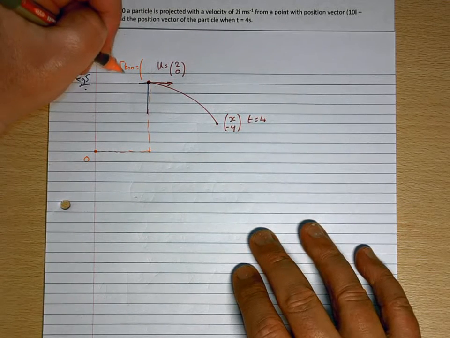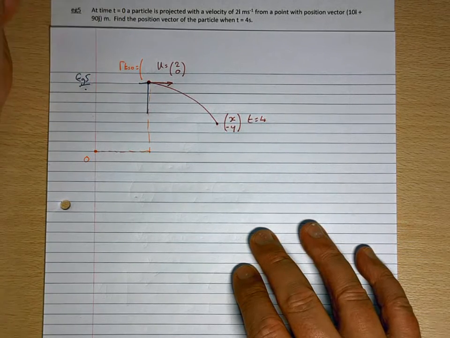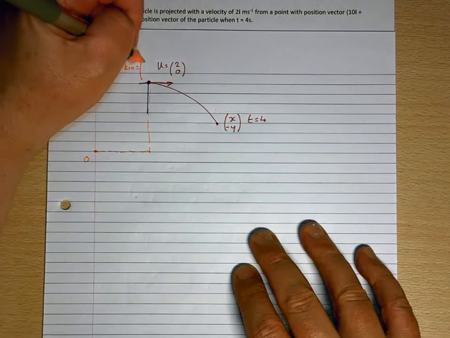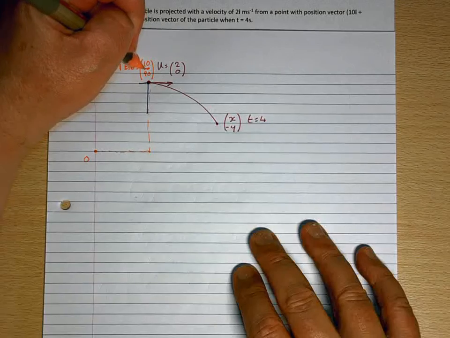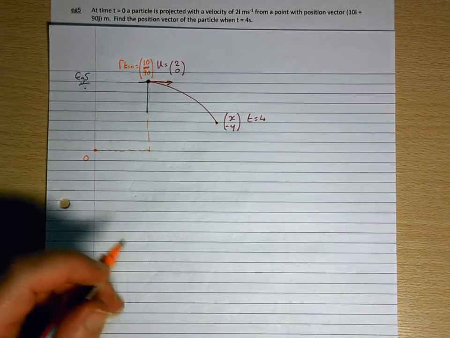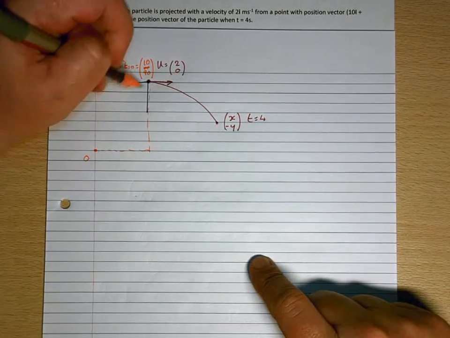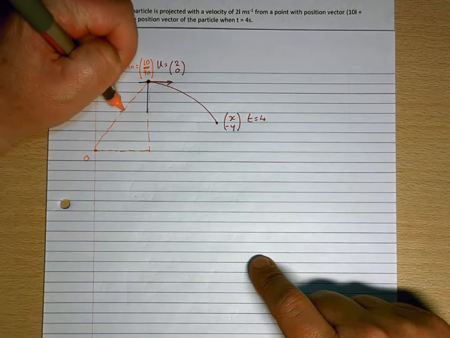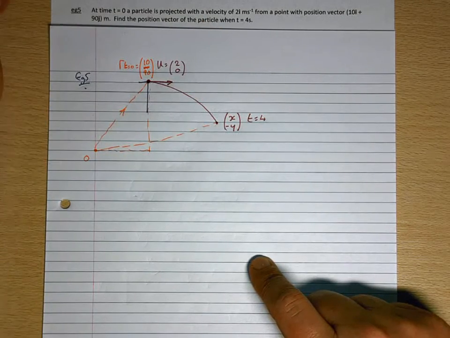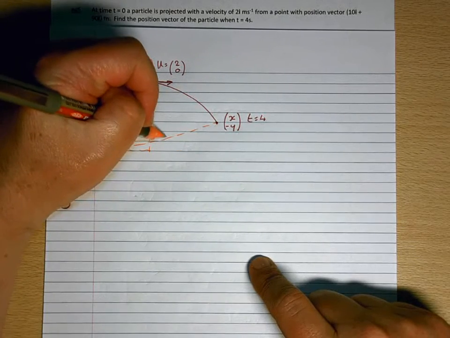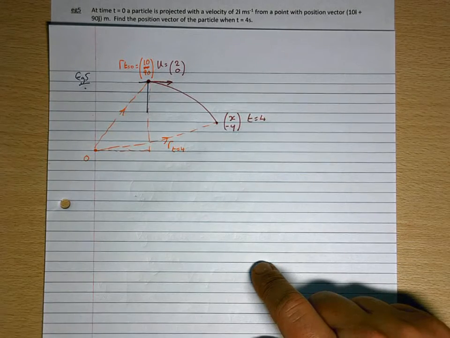So I'm saying r with a suffix: r at t equals 0 is going to be (10, 90). Oh, that shouldn't be a fraction, it's a vector. So (10, 90), and we know that 4 seconds later this is going to end up over here. So its position at t equals 4 is there.